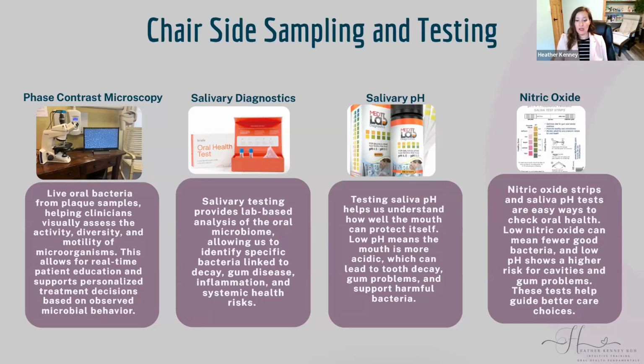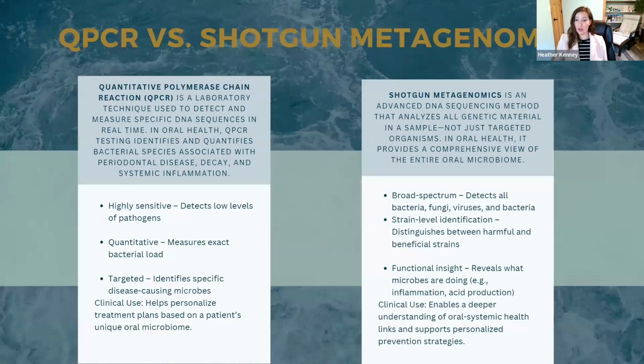Bristle is a shotgun metagenomics test. It's different than a lot of the other types of tests on the market, so I want to touch on what types of testing there are in salivary diagnostics. qPCR is what most individuals start with. I started with oral DNA before shifting to bristle in my office, but it's looking at a small target of bacteria.